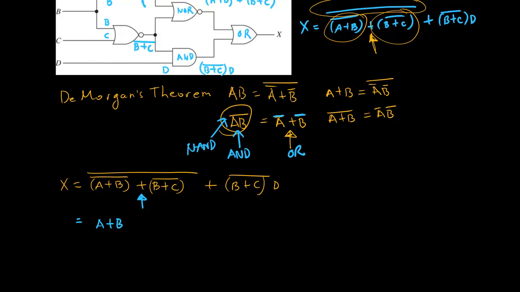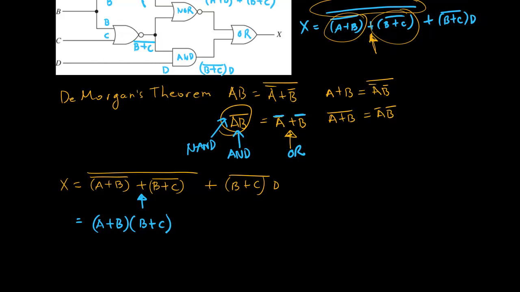I'm going to end up with A or B ANDed now, instead of ORed, with B or C. When I changed the sign of that gate, I did put a bar over the inputs, but because they already had bars, two bars in a row will cancel out.